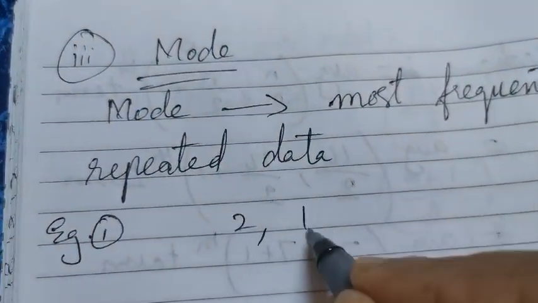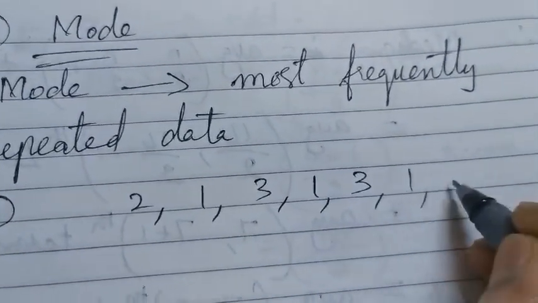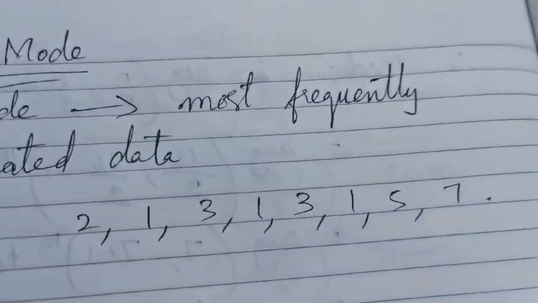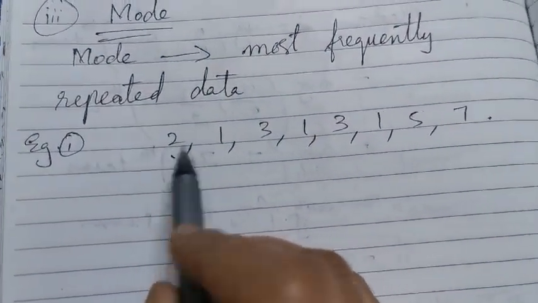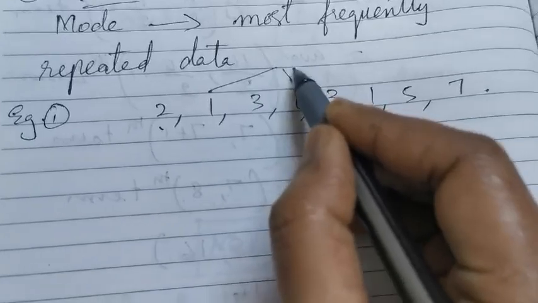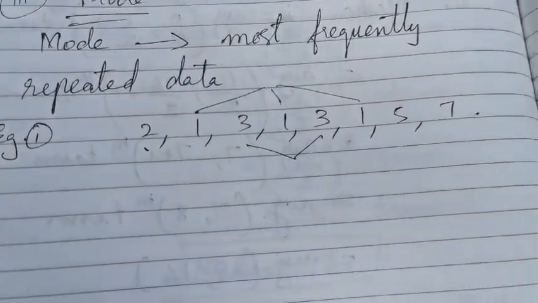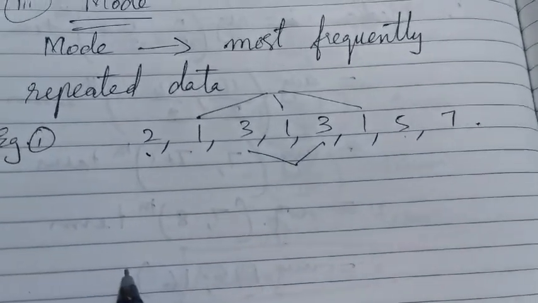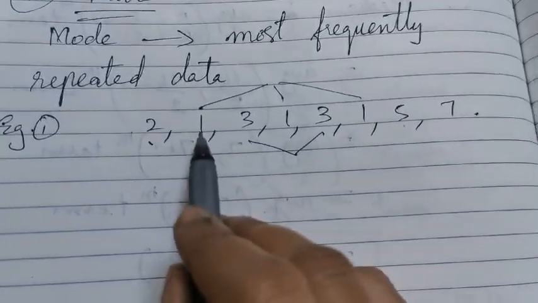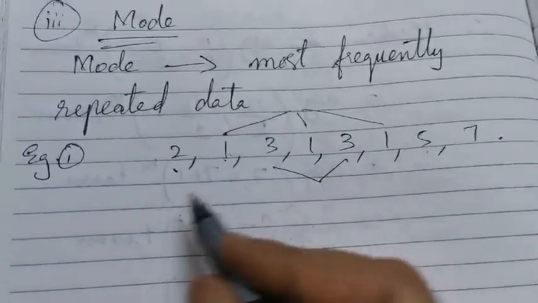I am taking my first example. I have 2, 1, 3, 1, 3, 1, 5, 7. Here, 2 is appearing once. 1 is appearing 3 times. 3 is appearing twice. 5 is appearing once and 7 is appearing once. So the most frequently repeated data is 1 because 1 is repeating 3 times.